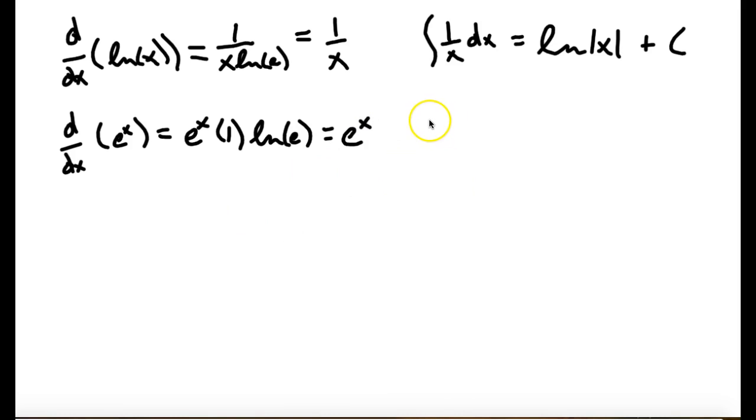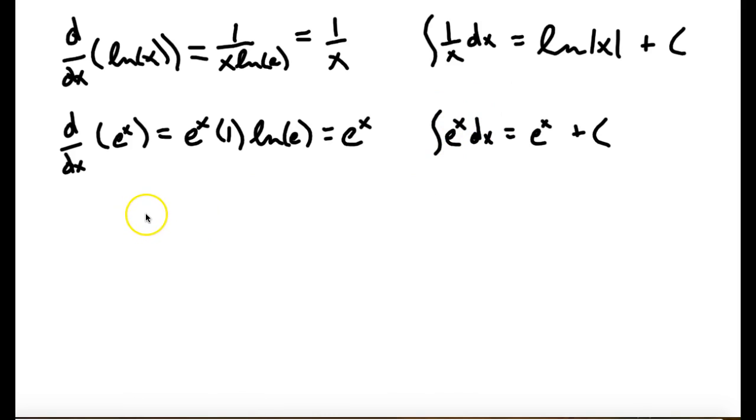Well, that makes finding its antiderivative pretty easy, right? That means the antiderivative of e to the x dx is just e to the x plus our arbitrary constant. So we can take antiderivatives whenever we see something like 1 over x or 7 over x, and e to the x pretty easily.